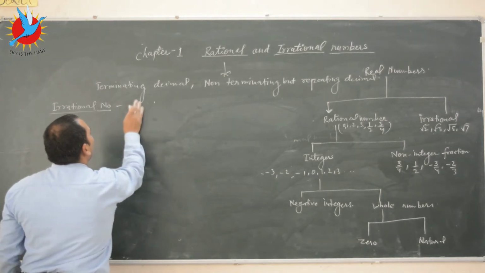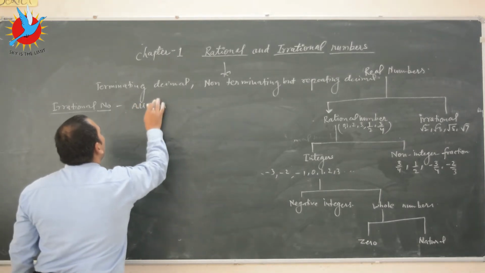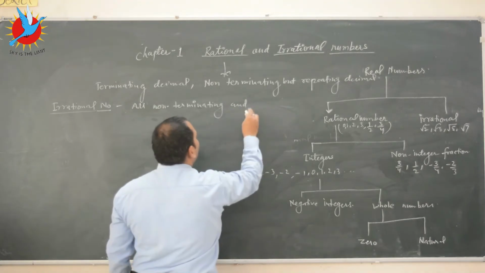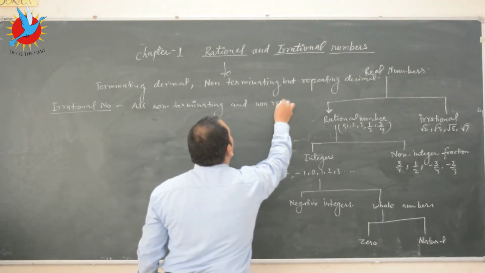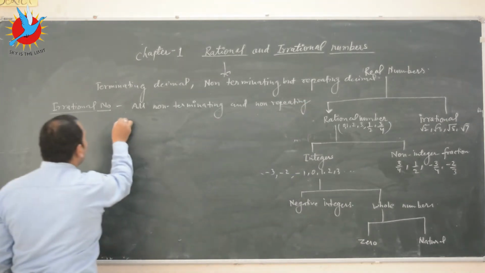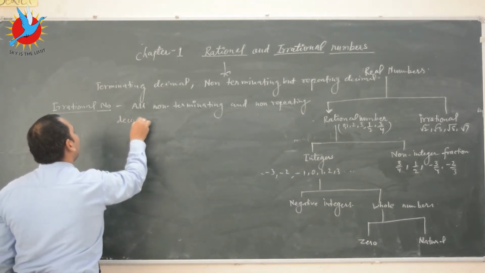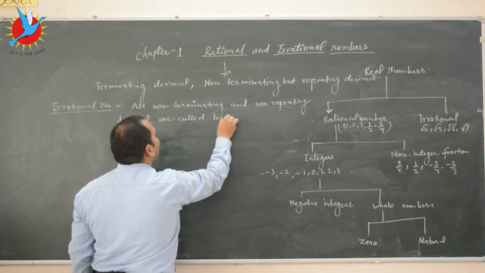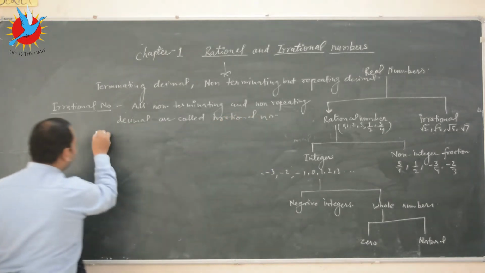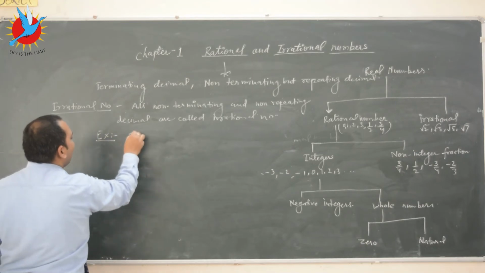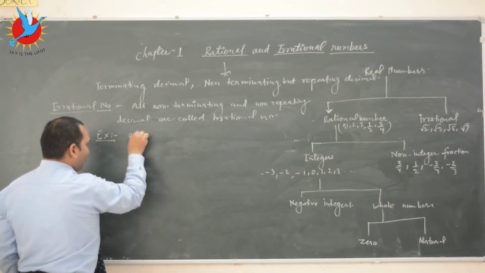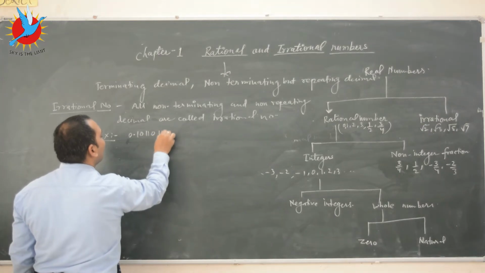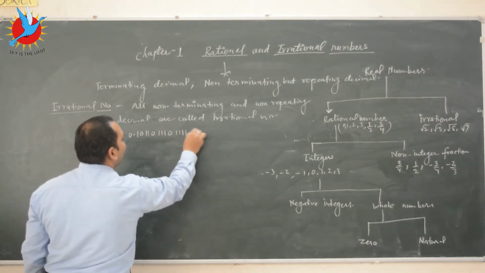All non-terminating and non-repeating decimals are called irrational numbers. Example: 0.101110 and so on.